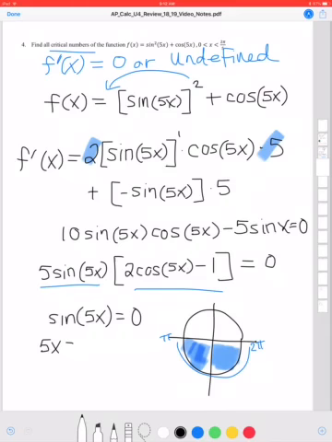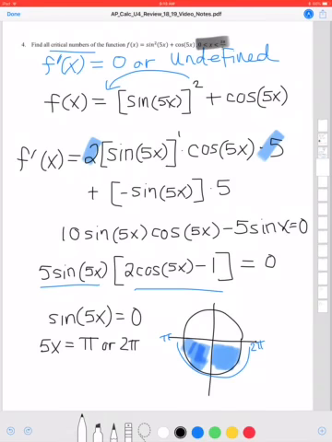Alright, so that's when 5x equals pi or 2 pi. Oh, and you know what? Our final answer, according to the problem, has to be between 0 and 2 pi over 5.